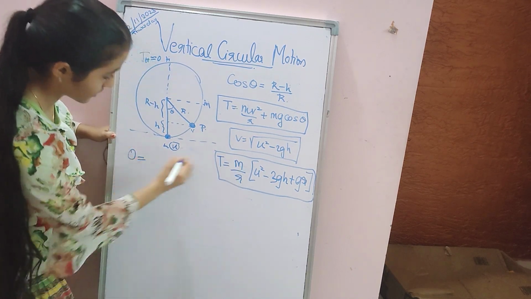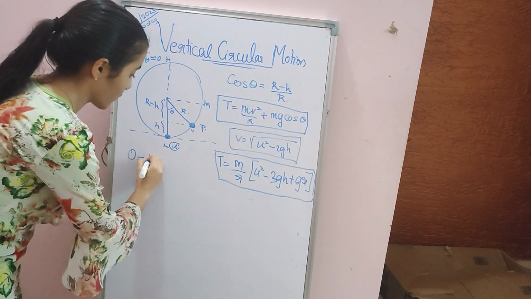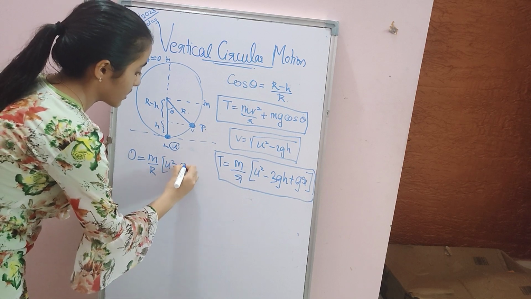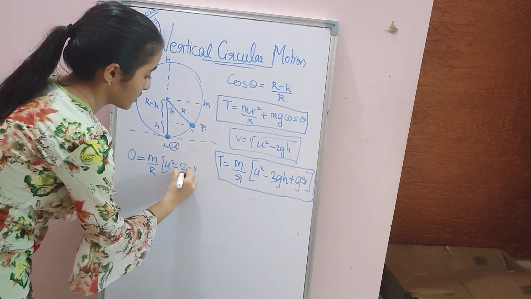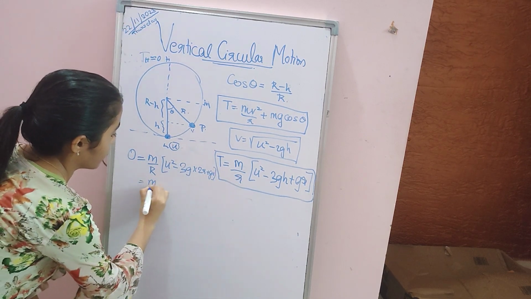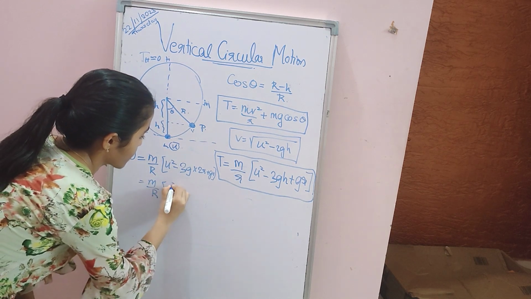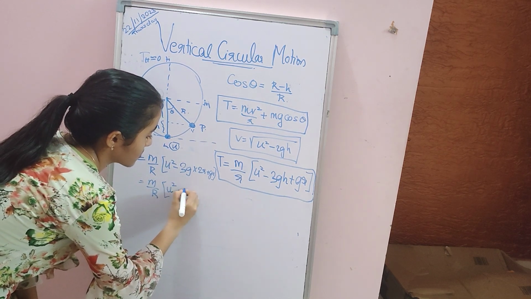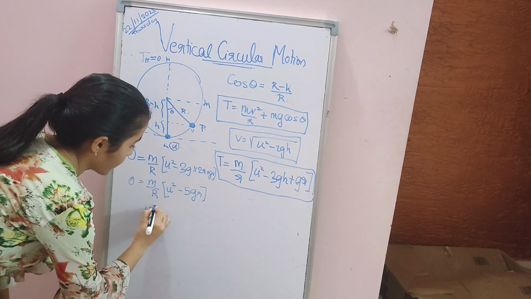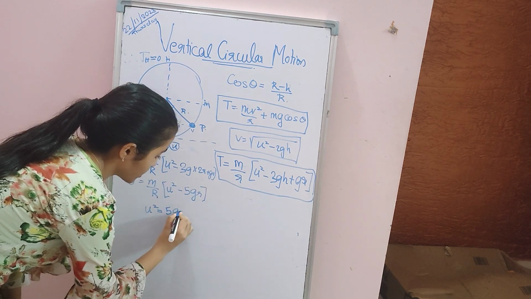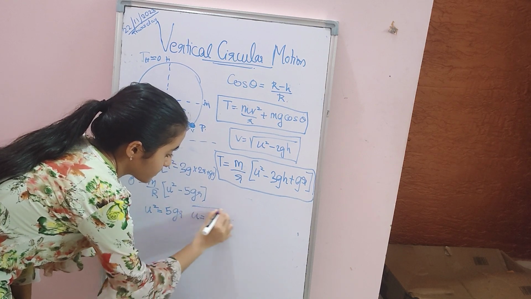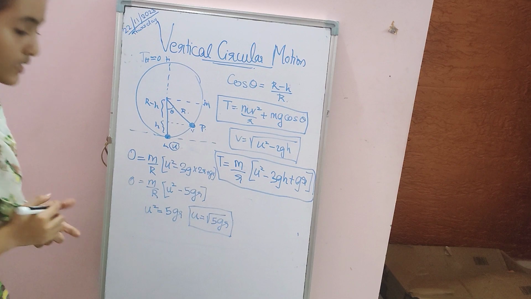Substituting all this, tension is approximately equal to 0, m by r into u square minus 3g into 2r plus gr, m by r into u square minus 5gr equals 0. So from here we get u square is equal to 5gr and u is equal to root 5gr. Now this is an important relation.